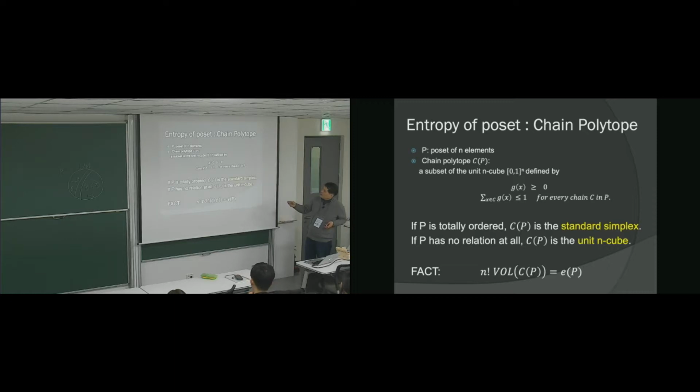If our poset itself is a chain, which means the poset is a totally ordered set, then we have this relation. For every chain means we can take CP itself because P is a totally ordered set. Then the chain polytope is the standard simplex. The standard simplex is this.